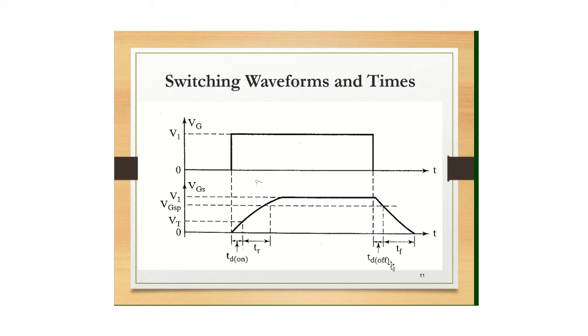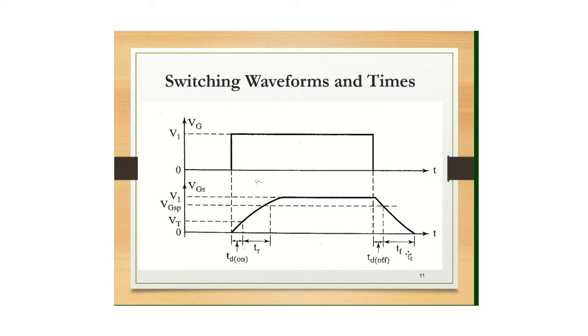And then you have the fall time. This fall time is the time required for the input capacitance to discharge from the pinch off region to the threshold voltage. Only after VGS is less than the threshold voltage does the transistor turn off, right?